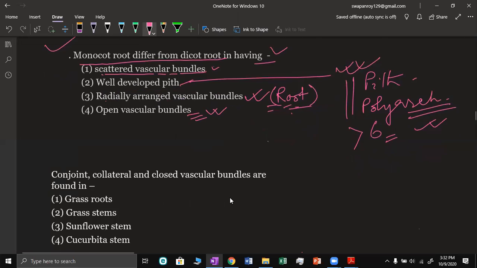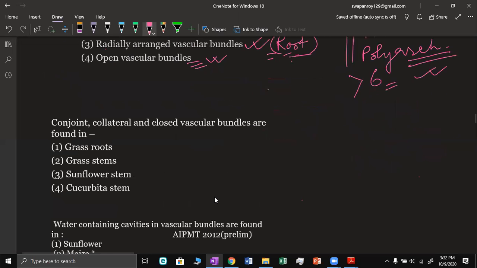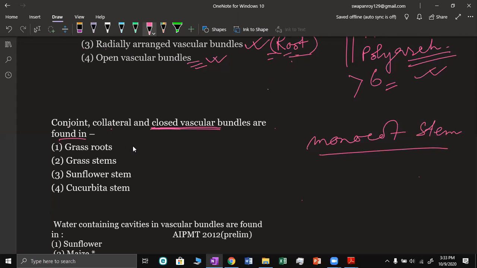Last question: conjoint collateral and closed vascular bundles are found in. Conjoint collateral and closed vascular bundle is the characteristic of the monocot stem. But here in the options they have not written monocot or dicot directly.